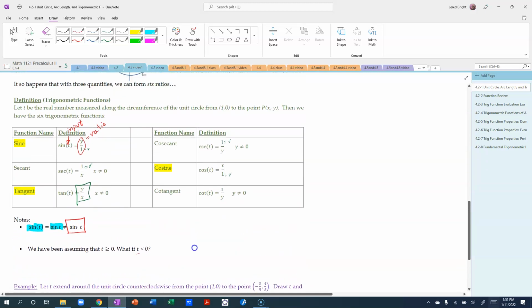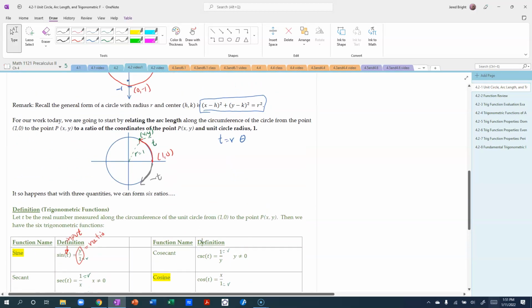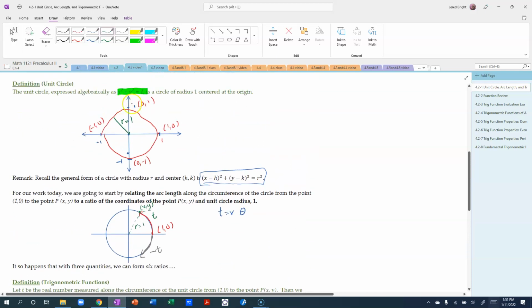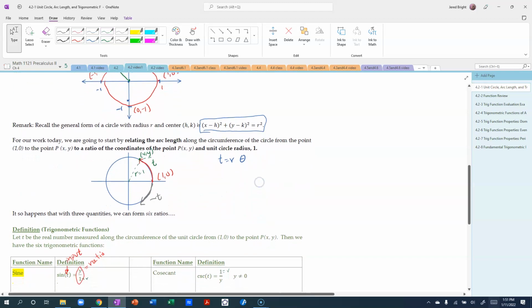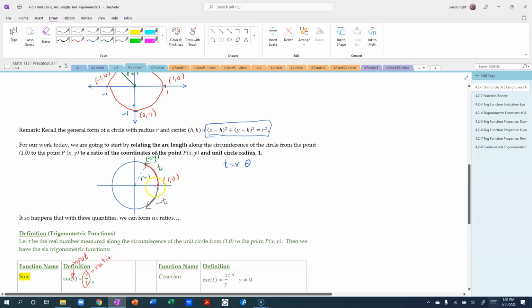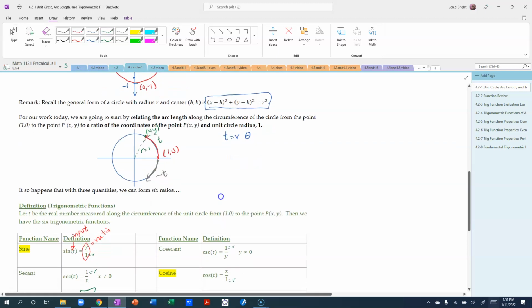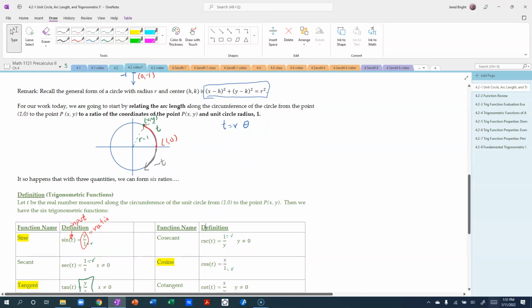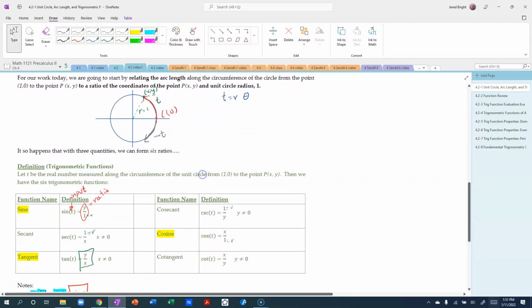Again, the main point here was to introduce working on the unit circle, a circle of radius 1, and then with that unit circle, we can reintroduce this arc length concept, just changing our notation from s to t, and then using that arc length as the input of a function to form our trigonometric functions. The output of those trigonometric functions is going to be a ratio of at least two of the quantities: the x-coordinate, the y-coordinate, and the unit circle radius.